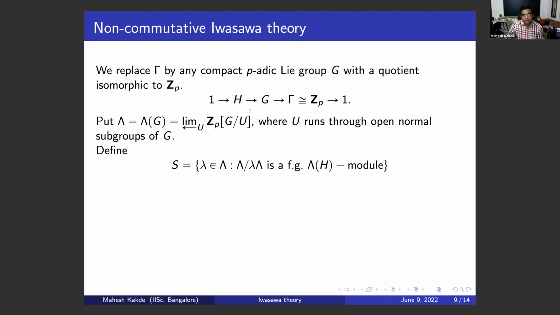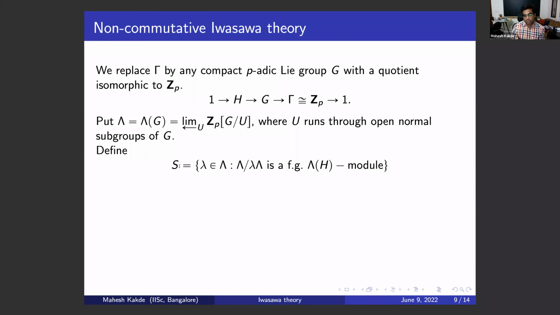this small lambda is a finitely generated lambda H module. Okay, so H is again a profinite group, so I can define a completed group ring for H as well, and that I call lambda H. This is the Iwasawa algebra of H, and what I want is that the quotient by this element of lambda is a finitely generated lambda H module. So if you like an example, in our earlier situation, what will the set S be?